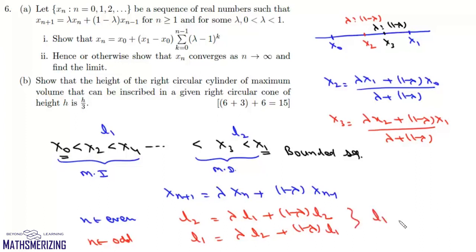So from here we get the condition that L1 equals L2. So both the subsequences will converge to this same limit L.